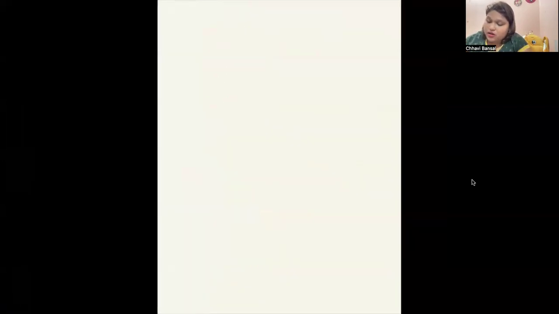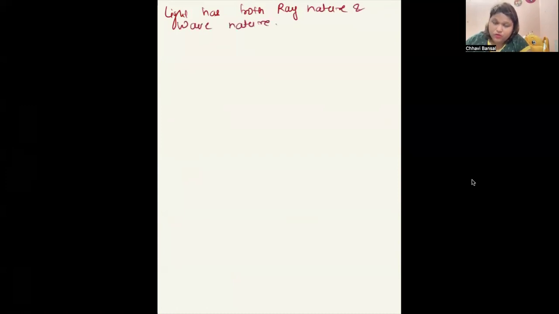Means light has both ray nature and wave nature. And this only explains all the concepts associated with light. Is it clear? I hope it explains a bit about the ray nature and the wave nature of light.